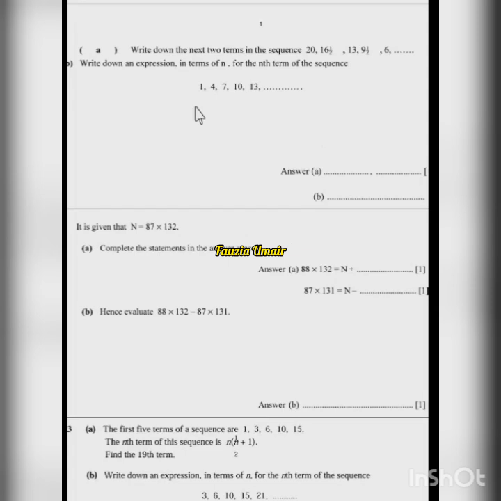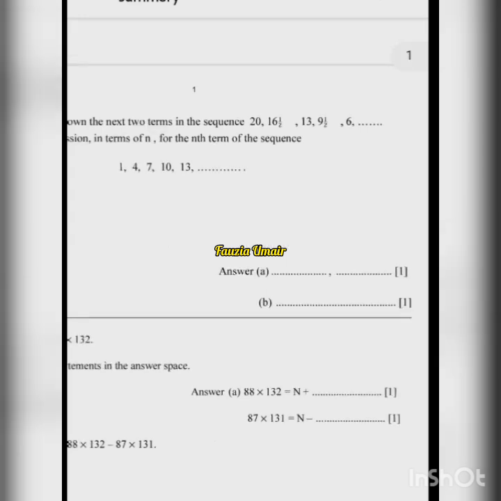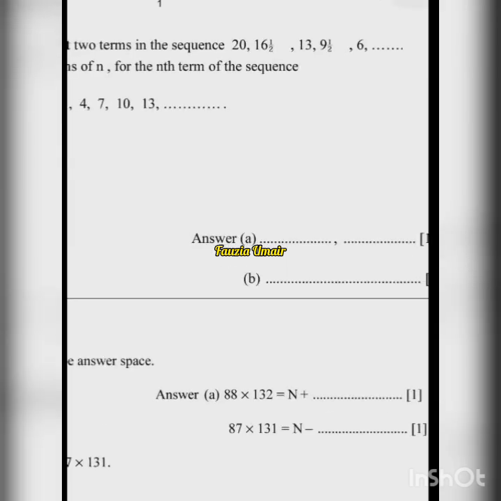So the first question, A part, is: write down the next two terms in the sequence. It's a 1 mark question. The first number is 20. Second is 16 and a half. Then 13.